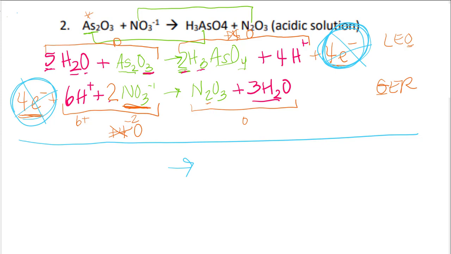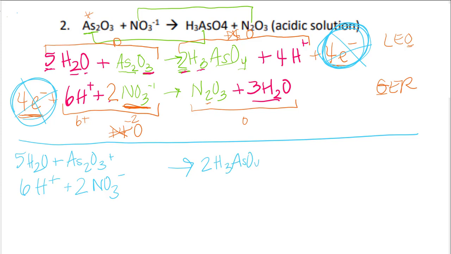All right, so I'm just going to bring down my 5 waters, my As2O3, my 6 H pluses, and 2 NO3 minuses. And on the right side, I'm going to bring down 2 H3AsO4s, 4 H pluses, N2O3, and 3 waters.